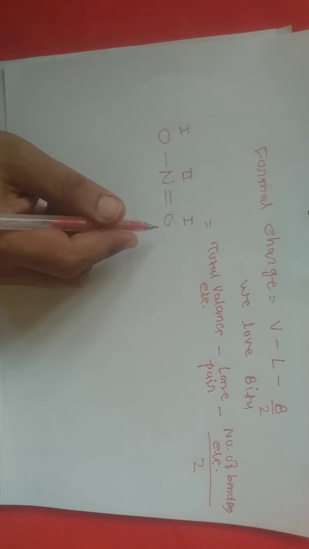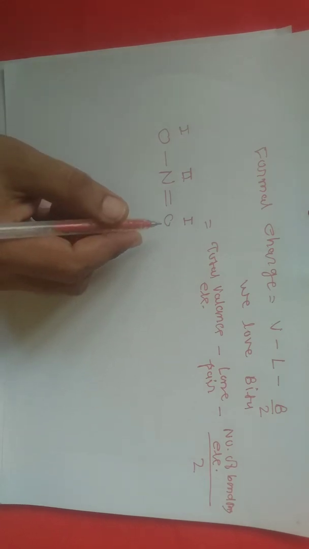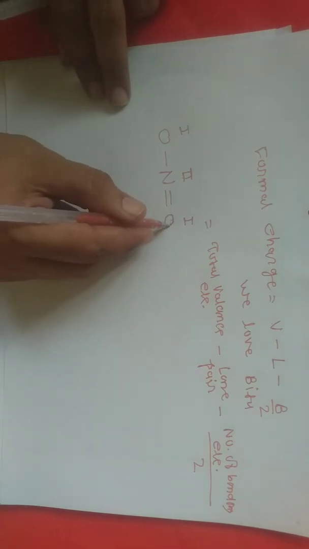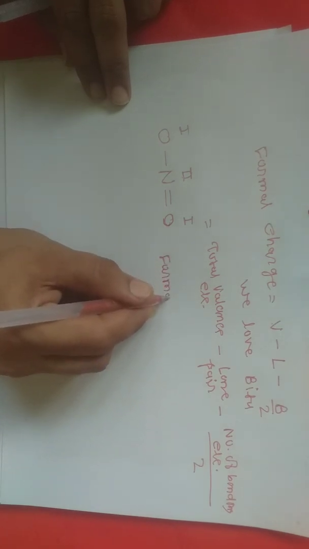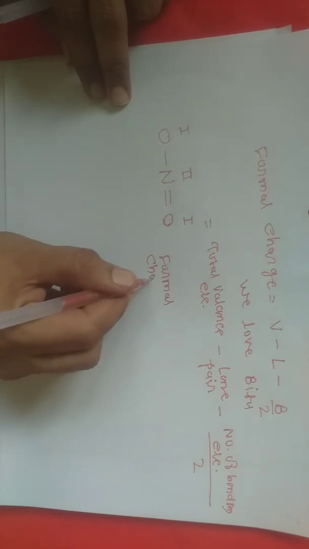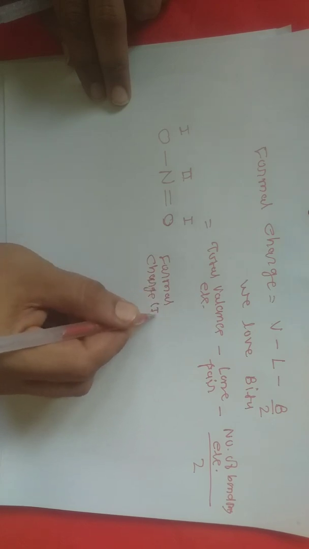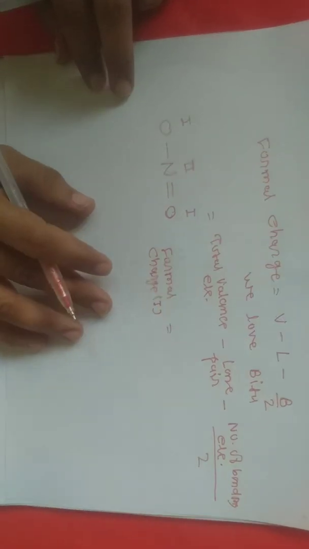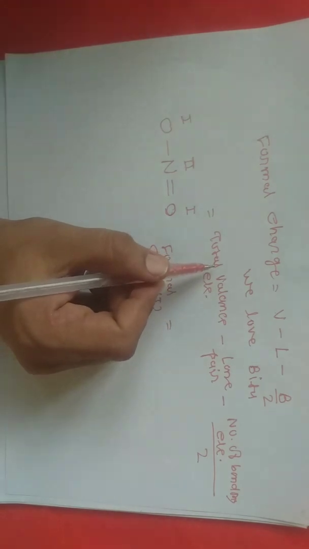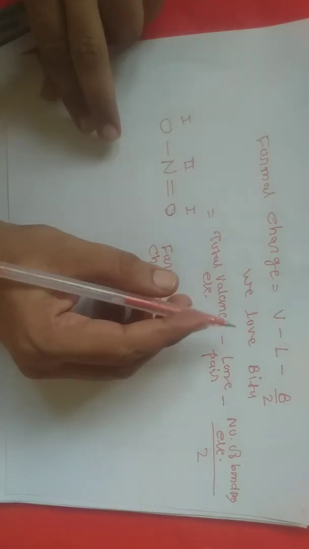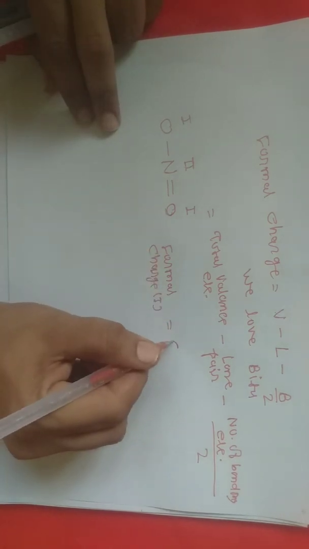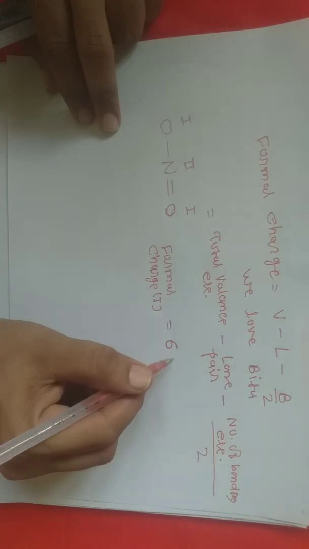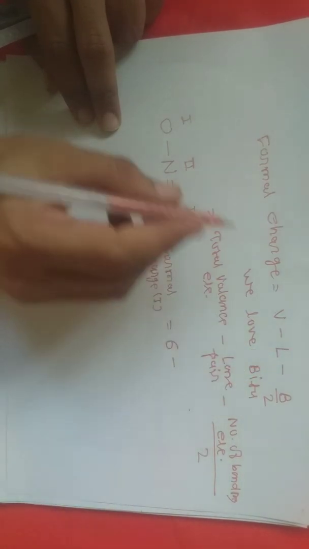So, if we want to calculate the formal charge of this oxygen, then very first you have to know the valence electrons. Friends, we know oxygen belongs to group number 16, so total valence electrons in oxygen is 6, minus lone pair electrons.